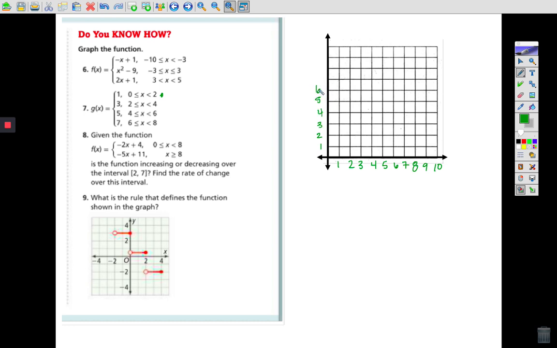We'll do the same for all of these. So this tells me that y is equal to 1. 0 is a closed circle, but 2 is going to be an open circle. So it would look like this.